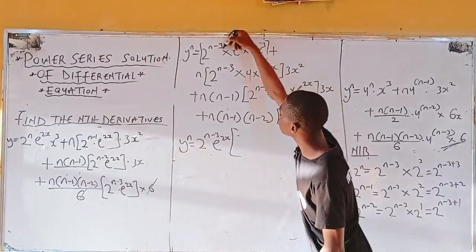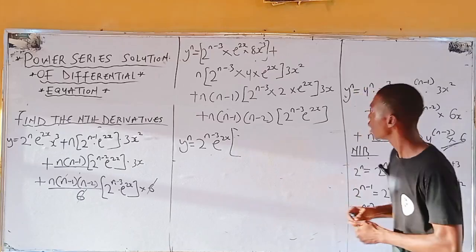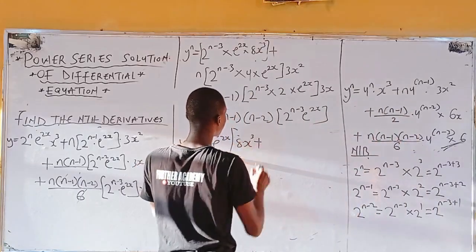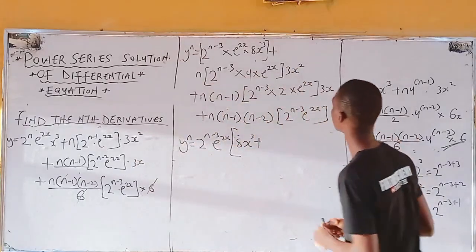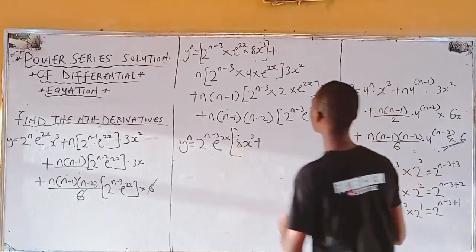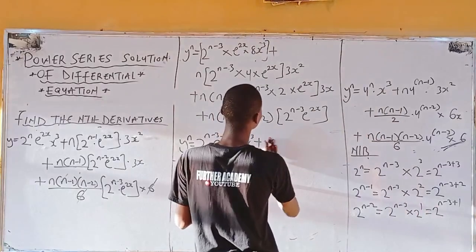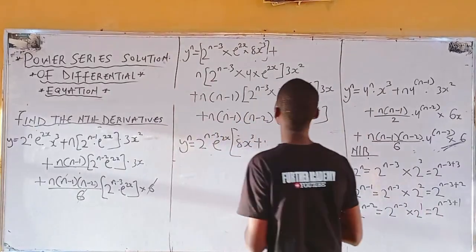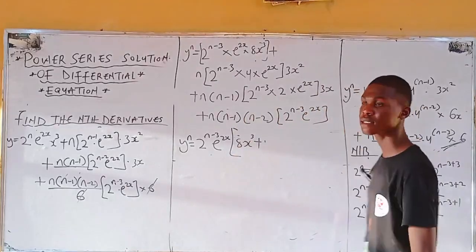This first one, I'll be left with what? By the time you factorize this, you'll be left with what? 8x cubed. So you are saying 8x cubed plus, similarly to this, by the time you factorize this, you'll be left with what? You'll be left with 4n, I'll be left with 12n x squared, right?